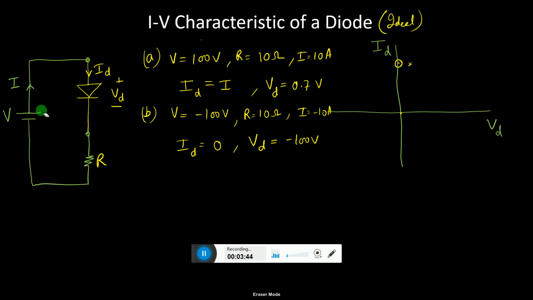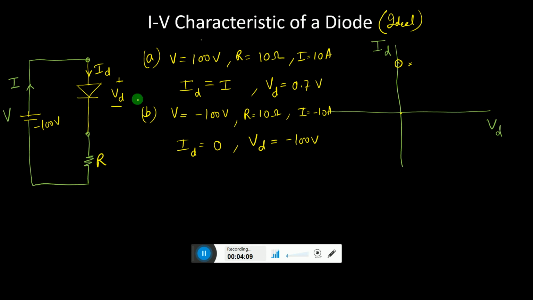Because we have reversed, if I show the reverse polarity like this, this V is now negative. This V is negative voltage, and the voltage across VD will be like minus 100. So if I am representing that in this pattern, I can write here this minus 100 volt.